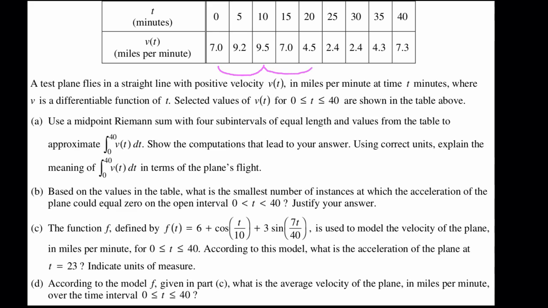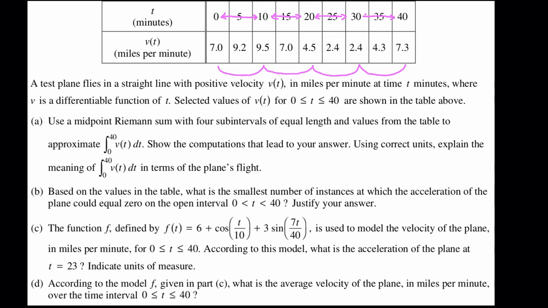All right, so to do 4 subintervals that are equal in length, your first subinterval is going to skip, and then we're going to skip another one, skip one, and skip another one. That generates your 4 subdivisions. The base of your rectangle will be the distance from 0 to 10. So your base is 10, and that is true on all the bases of your rectangle.